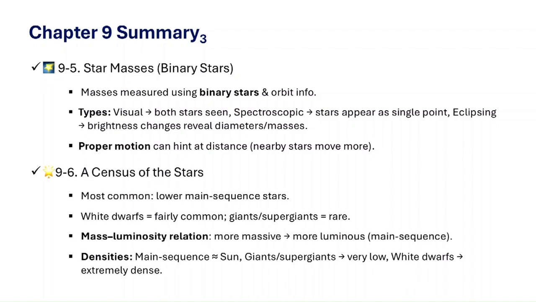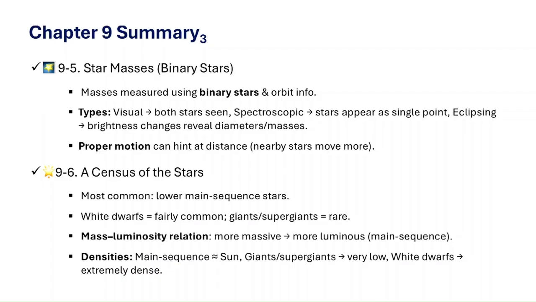And in the last section, we looked at the census of stars and the mass-luminosity relationship. So in our neighborhood, most stars are lower main sequence stars. White dwarfs are fairly common, while giants and supergiants are rare. And for main sequence stars, more massive stars are also more luminous.